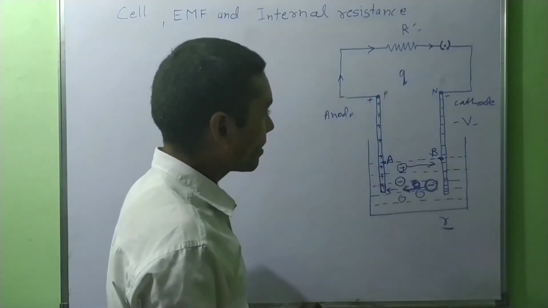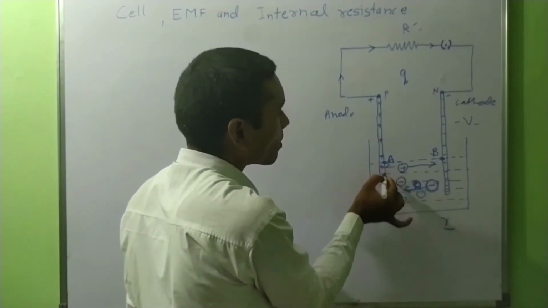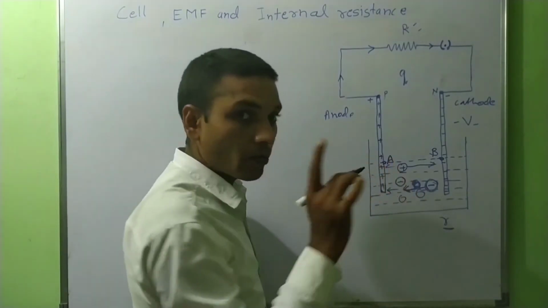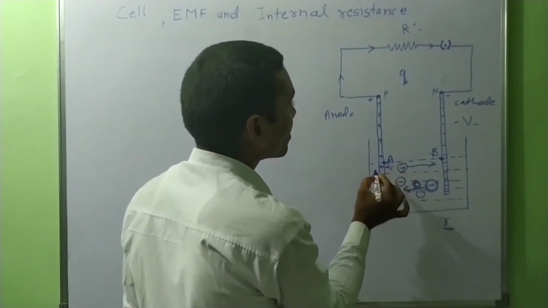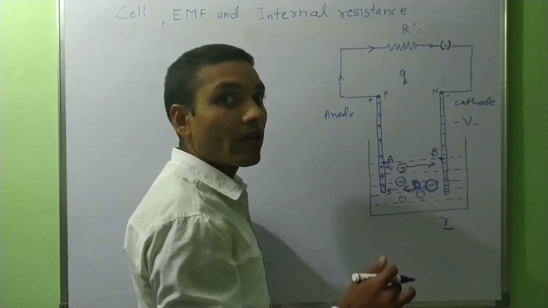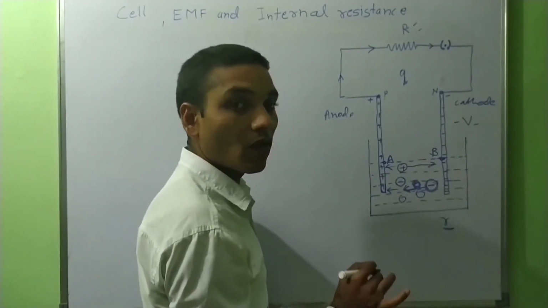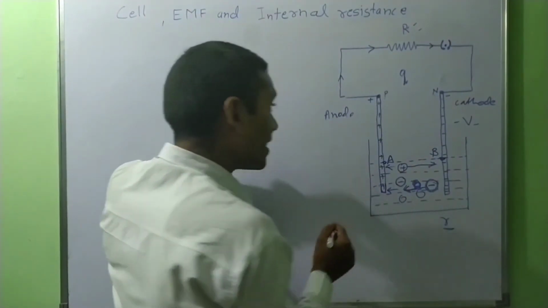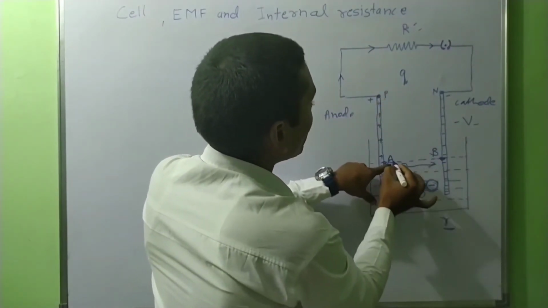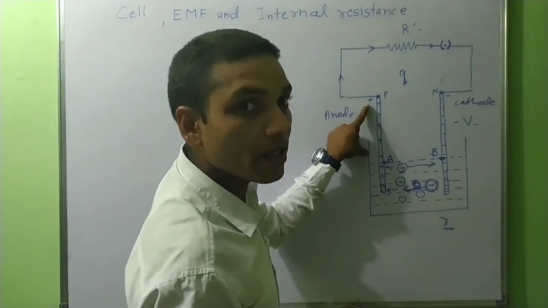But here cations are coming to the positive electrode. That's why the potential of this rod electrode will be decreased, and here the potential will be increased. That's why at point P and point A there will be a potential difference.